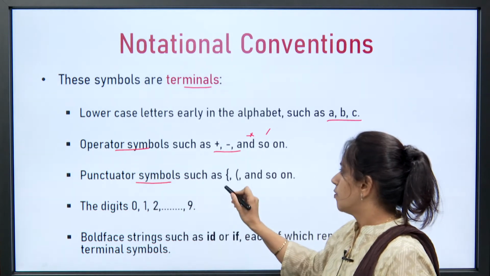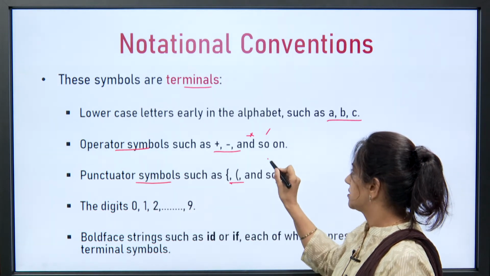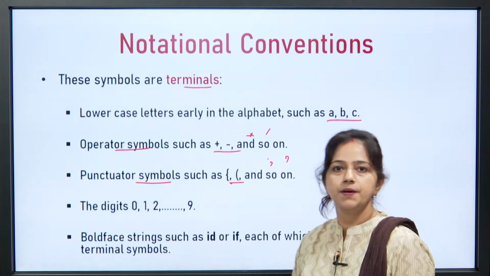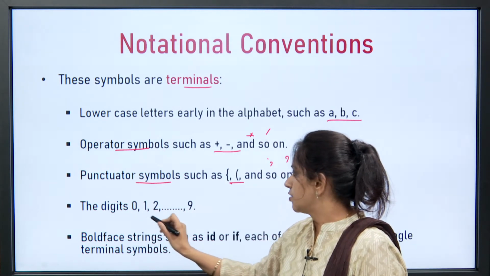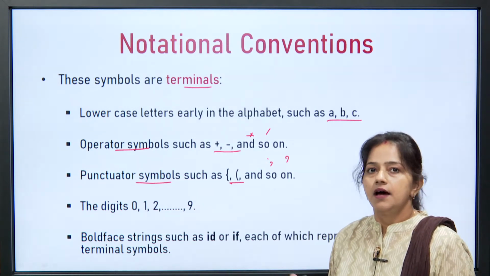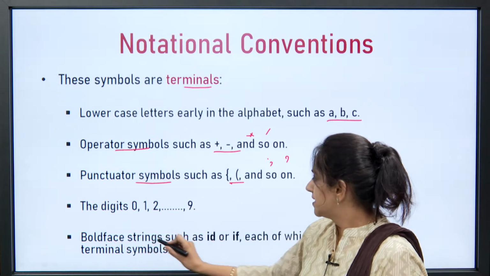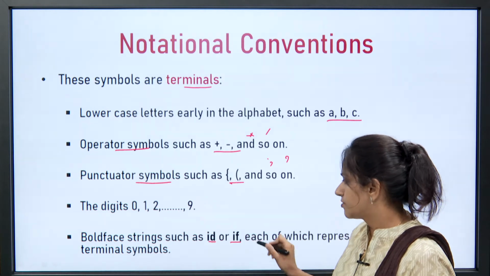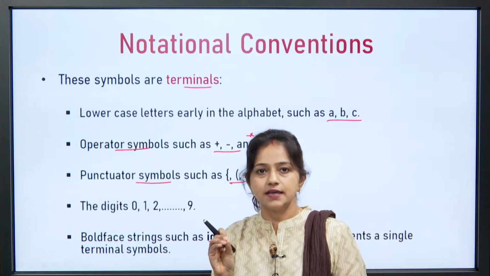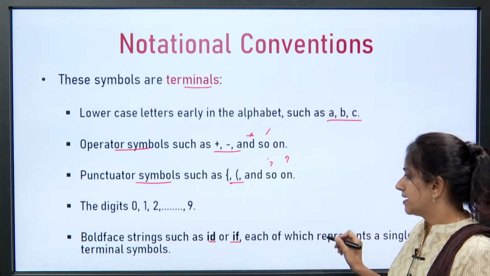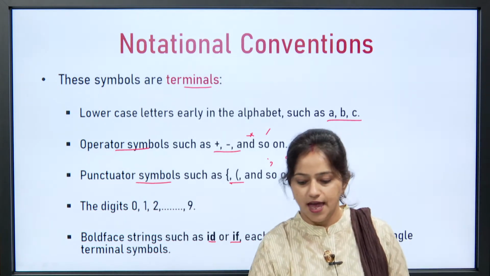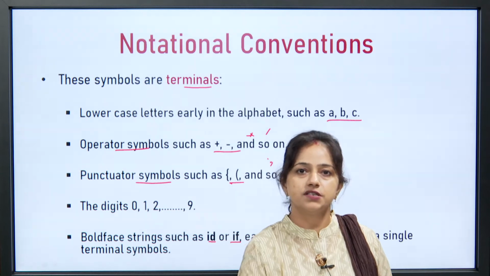Punctuation symbols like opening parenthesis, closing parenthesis, semicolon, comma can all be terminals. Digits like 0, 1, 2 up to 9 can be terminals. Now, boldface strings, suppose we have some strings, we will write them in boldface like id, if, else, then. So, these boldface strings can be used to denote terminals.